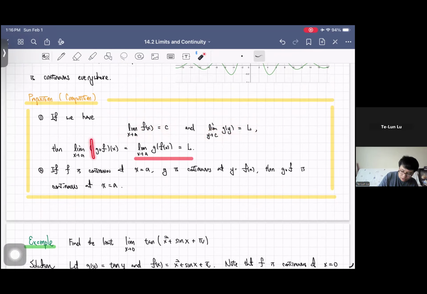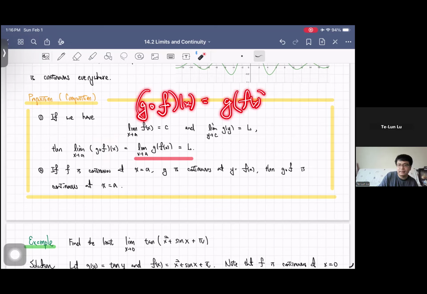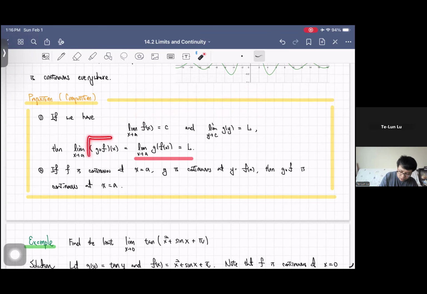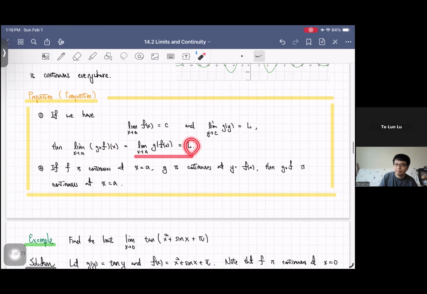So let us recall this notation, g circle f. g circle f of x is a new function defined by g of f of x. It is called the composition of g and f, which is quite crucial in our practical example afterwards. So we're stating that this function also has a limit at a, and it is defined to be L.